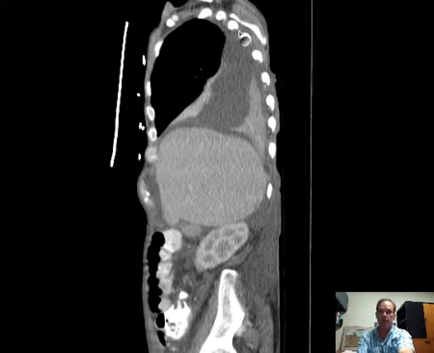So bear in mind that on a lateral view, you ordinarily would see just an oblique fissure going this direction on a lateral chest radiograph, and you would know that inferior to that is the right lower lobe, and superior and anterior to that in this area would be the right middle lobe and the right upper lobe.